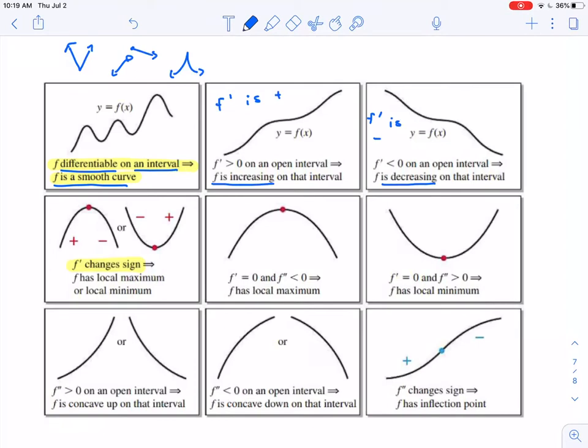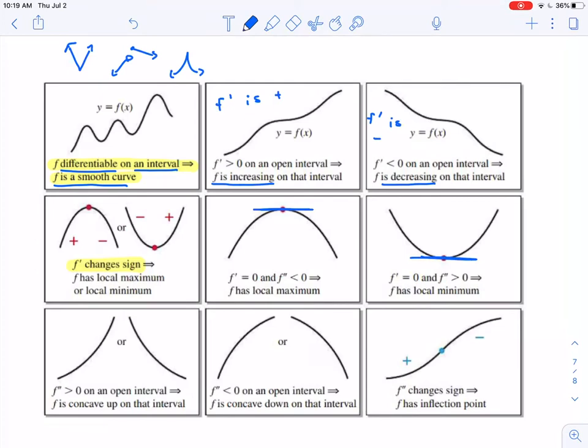Similarly, we can also find local extrema using the second derivative test. However, this is only going to work if f prime is equal to 0. So if we have a horizontal tangent line, remember, f prime is equal to 0. That's really what that means. We have a horizontal tangent line.